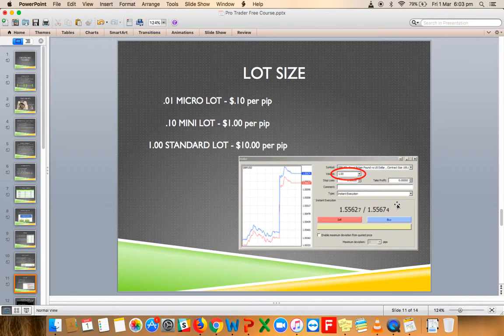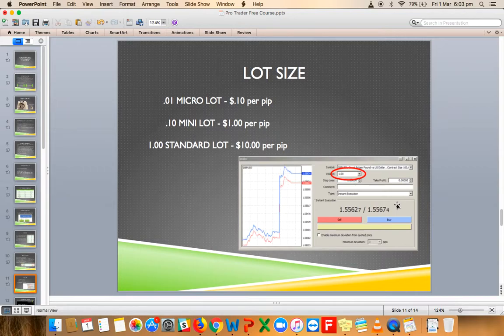Now a micro lot size, the unit value is actually 0.01. That represents micro lot size, and the value in dollars is equivalent of $0.10 per pip. Note that language, per pip.